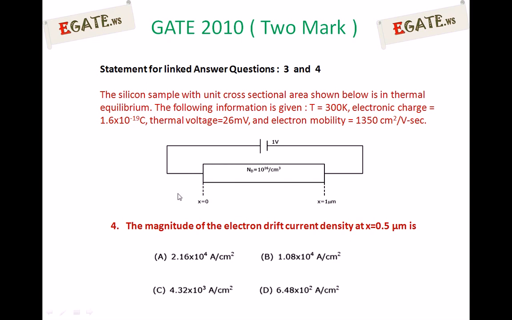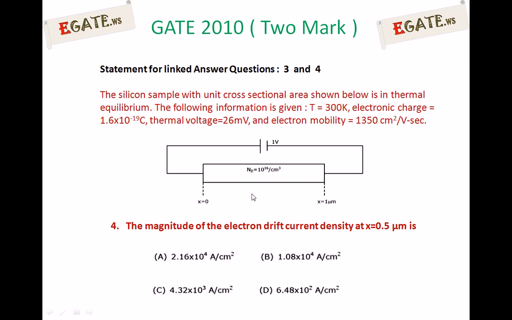This is the given sample with doping concentration as Nd. Nd is nothing but donor concentration, which makes a semiconductor into N-type. So the given semiconductor is N-type with donor concentration as 10 power 16 per centimeter cube, and the applied voltage is 1 volt, and the semiconductor is under thermal equilibrium.